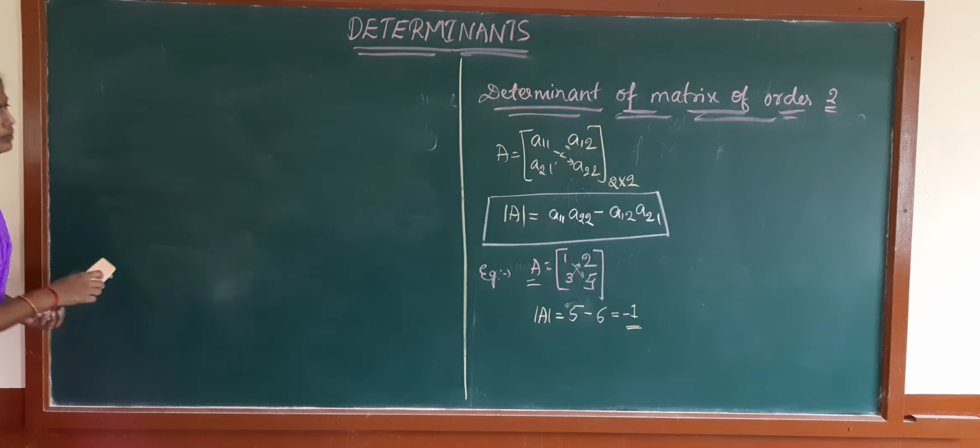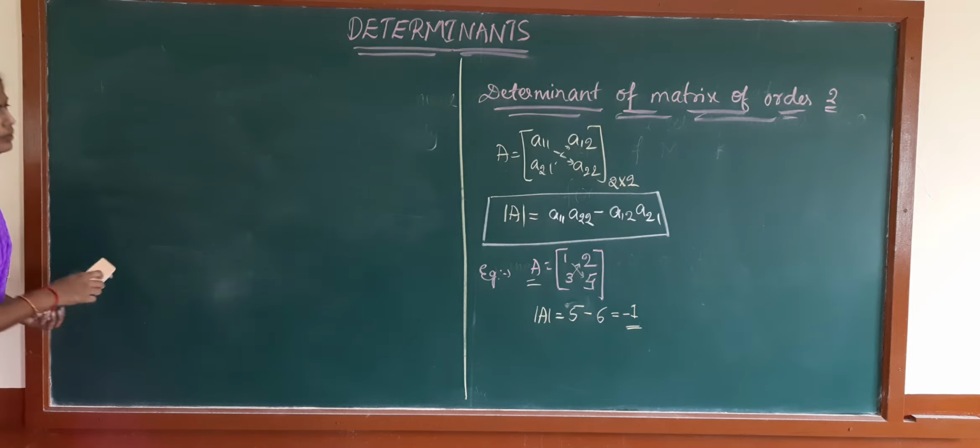So if you take one problem, that is, find the determinant of matrix A equal to 1 2 4, minus 1 3 0, next 4 1 0.